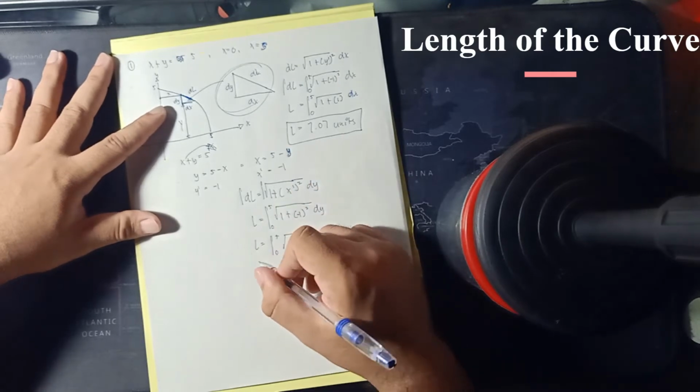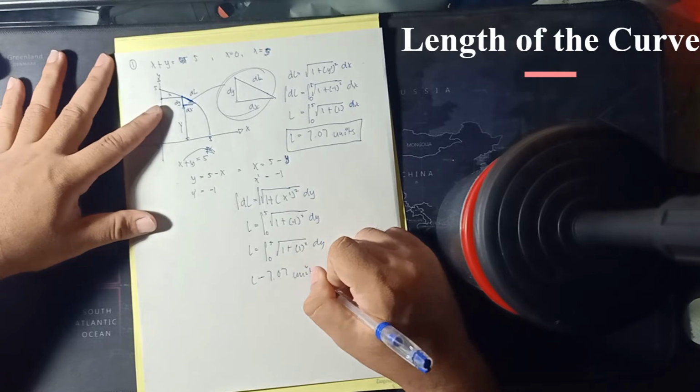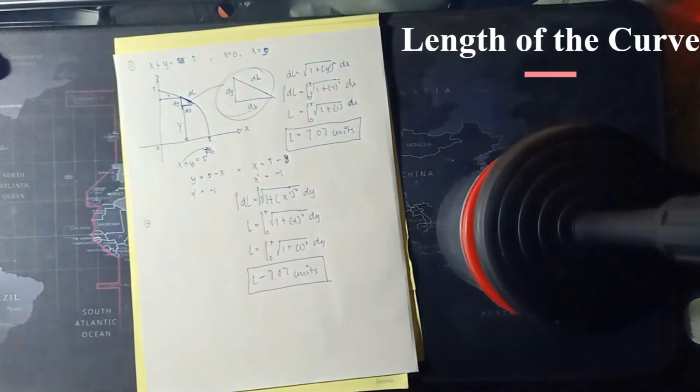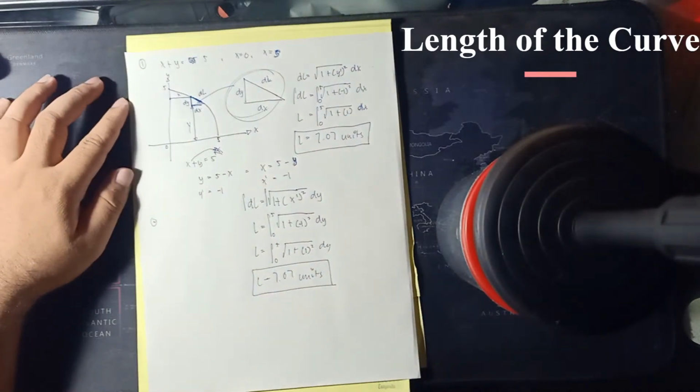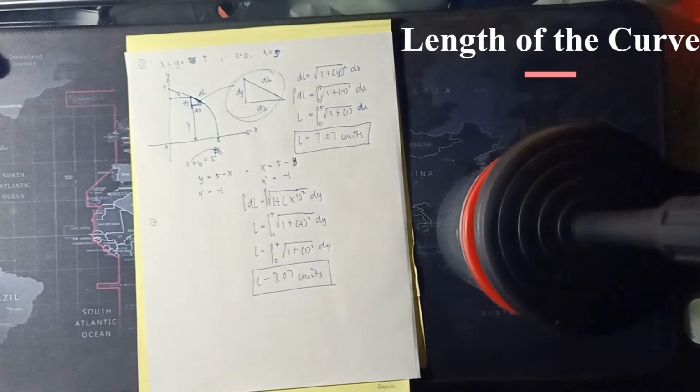And this is also 7.07 units on dy. So this is an example for the length of the curve.